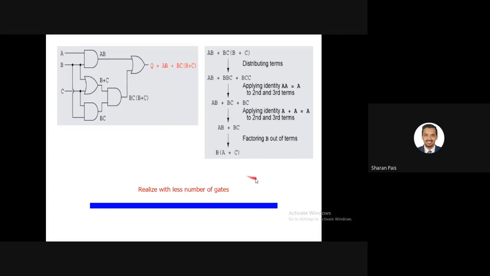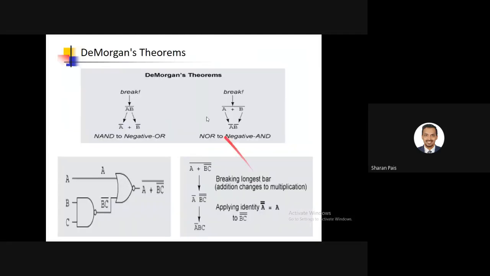Fine. So De Morgan's theorems. I guess you know these things. Is anyone not aware of De Morgan's laws or theorems, whatever we call them? You had it in maths.